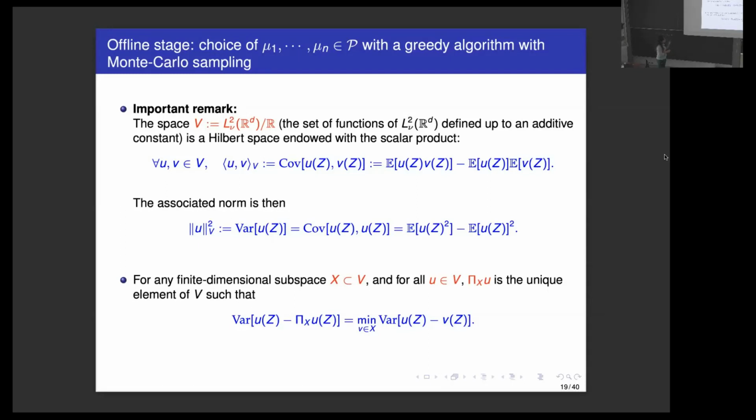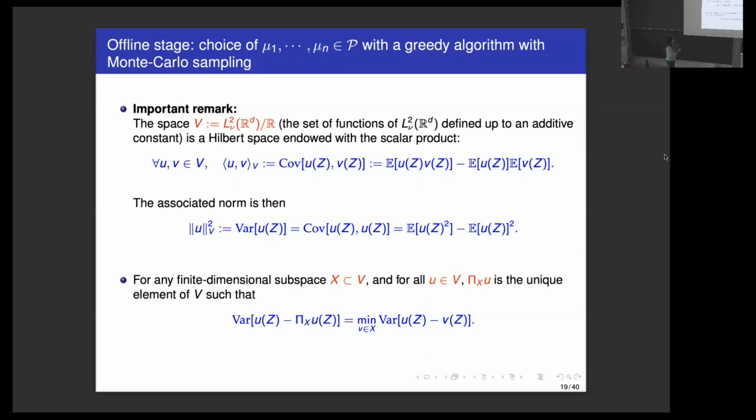And actually, an important remark is the following. The covariance here defines a scalar product onto the space here. And then with this scalar product, V is a Hilbert space. All right. And so that's typically something that you can do in order to design a greedy algorithm. Okay. So here V will be this particular Hilbert space.